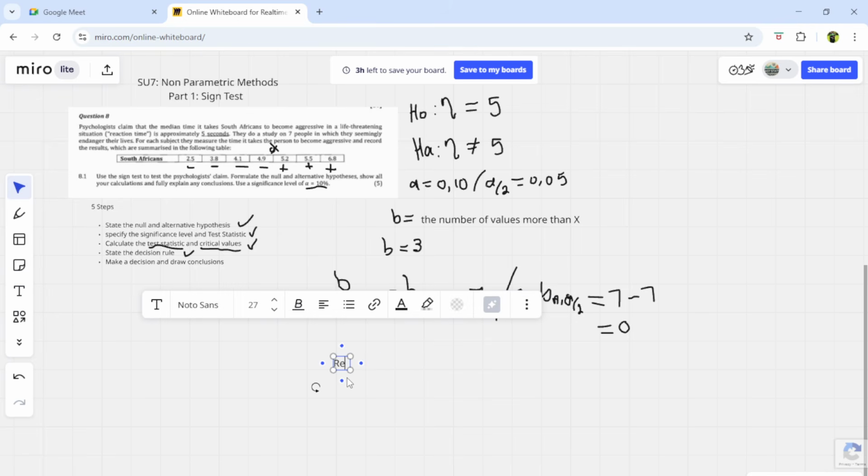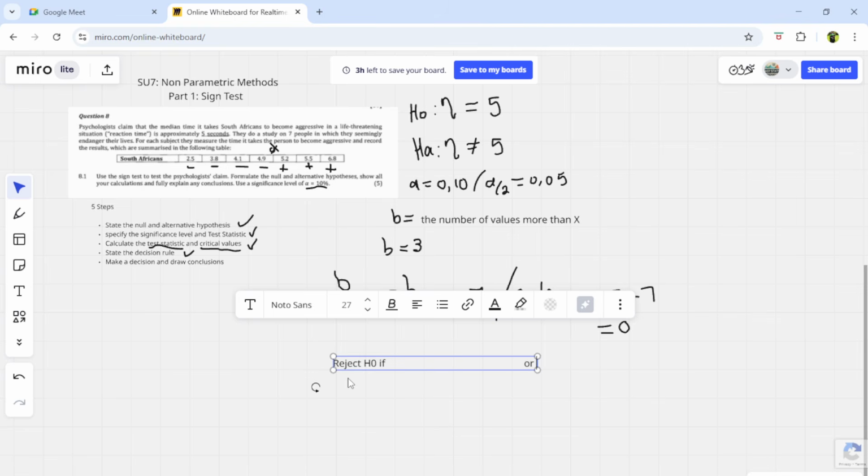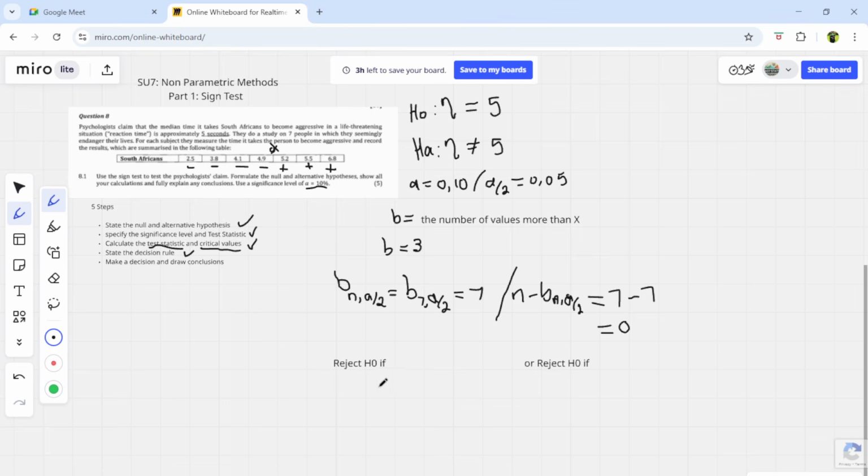We're going to reject the null hypothesis H0 if the value of b is less than or equal to n minus b of n and alpha over 2, or you reject it if b is greater than or equal to b of n and alpha.